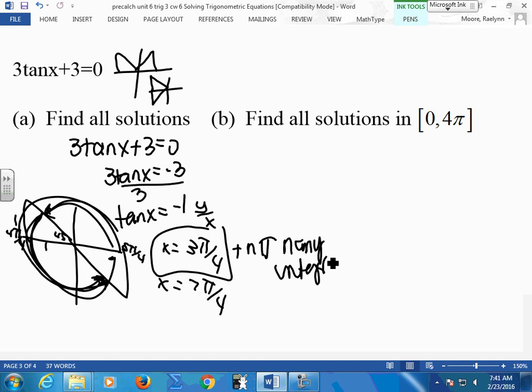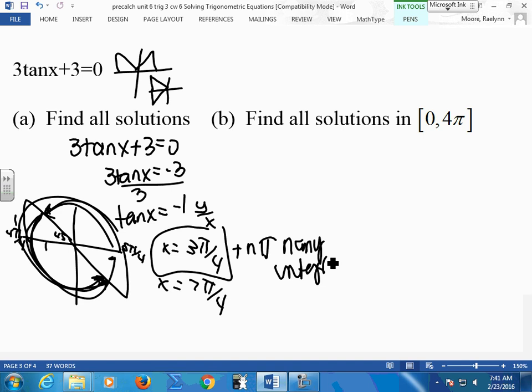Make sense? That's really only for tangents, because they're opposite quadrants. Sine and cosine are right next to each other, so you're not going to see that. The only other situation we'll see is if we do a plus or minus and we hit all quadrants, then we can do a sine from quadrant 1 and quadrant 3, and one from quadrant 2 and quadrant 4. But normally they're not across from each other.